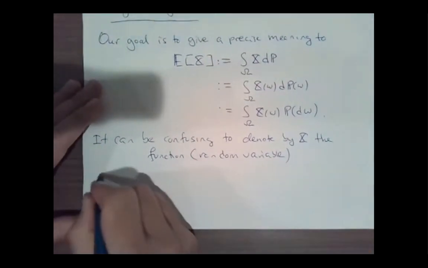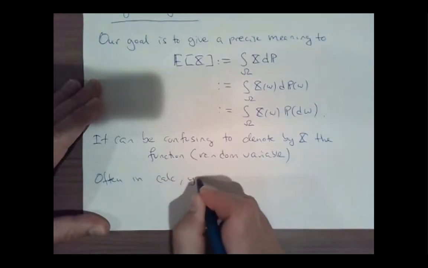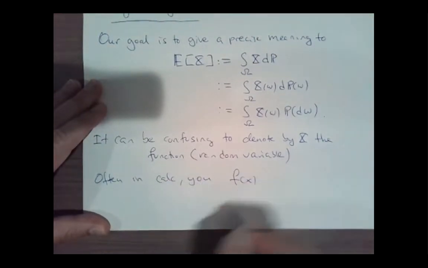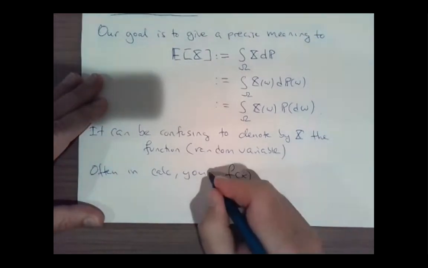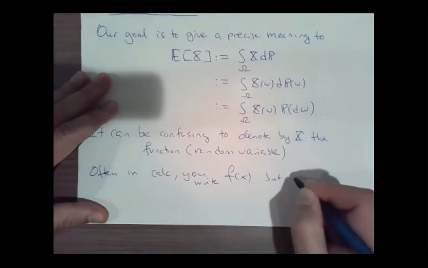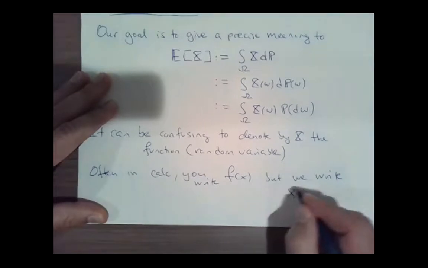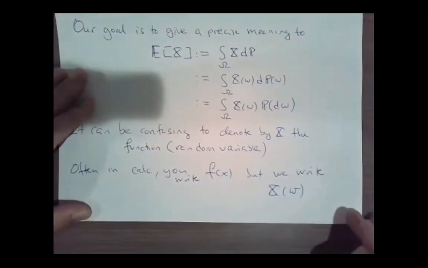So often in calculus you write f of x. So you write this, but we write x of omega.